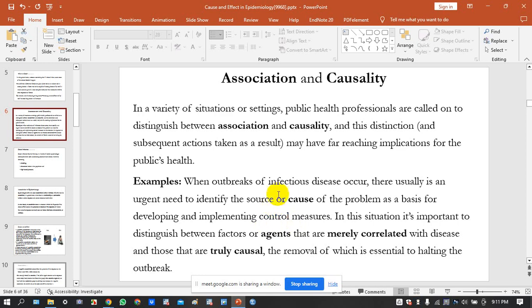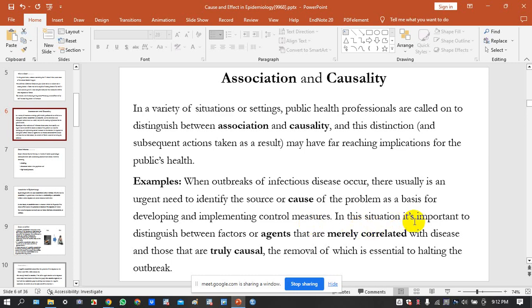If you know the cause of the infectious disease outbreak, you can put in place some control measures: washing of hands regularly, not hugging people, not crowding together, because we know that the cause is what? A DNA virus. So with this virus, we have to exclude ourselves and wash our hands regularly to control it.